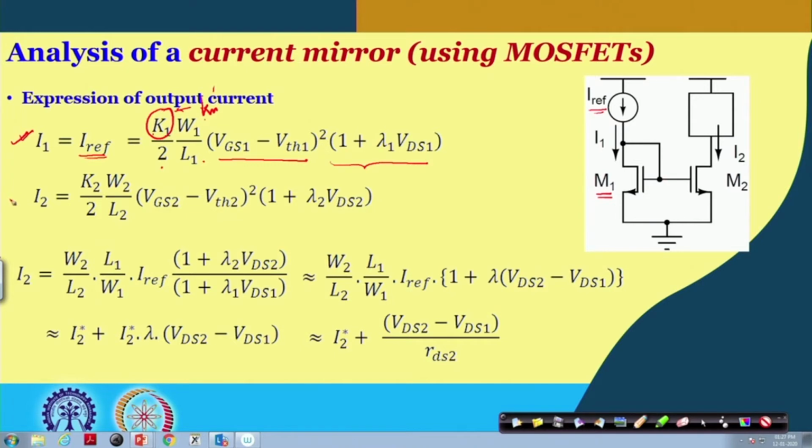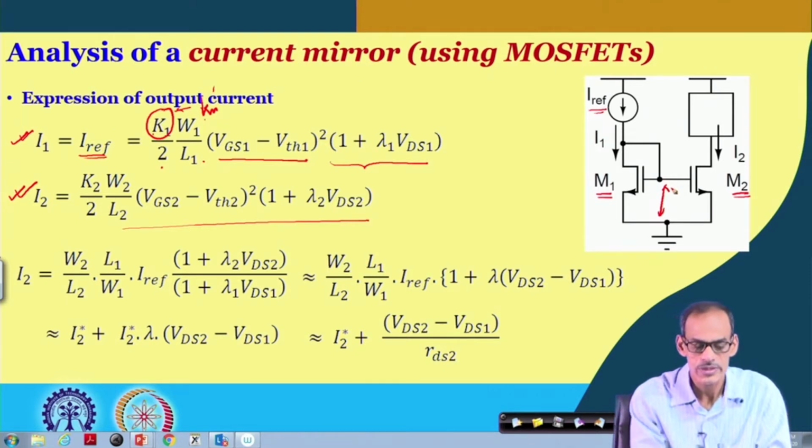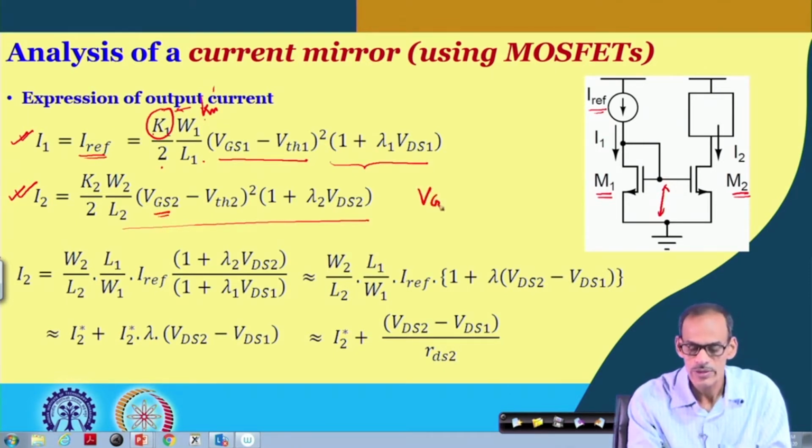Likewise, we also have the expression of current for transistor 2. It has a very similar expression, and because of the connection here, both the VGSs, namely VGS 1 and VGS 2, are equal.